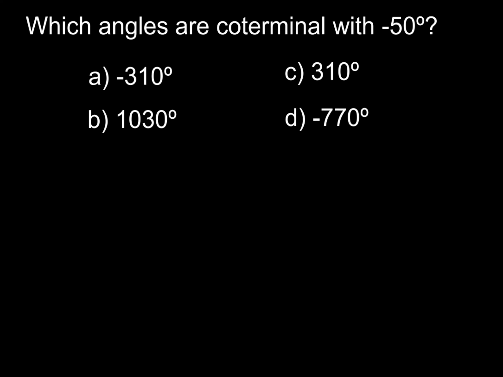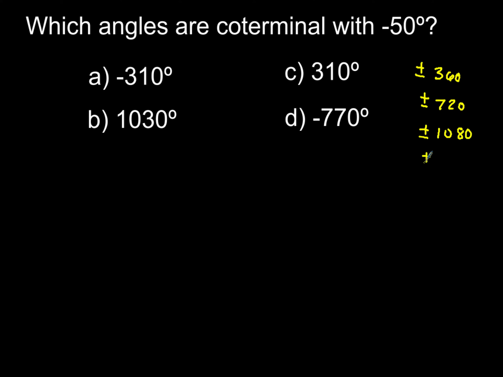What I like to do to get started is write out the multiples of 360, just so I have them down. One of them is positive 360, and likewise you'll have a negative 360, so I'll write plus or minus. If I added 360 to that, I'd get 720. If I added 360 again, I'd get 1080.